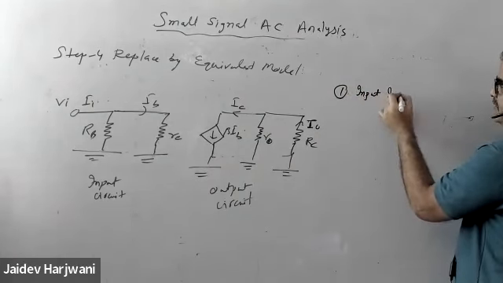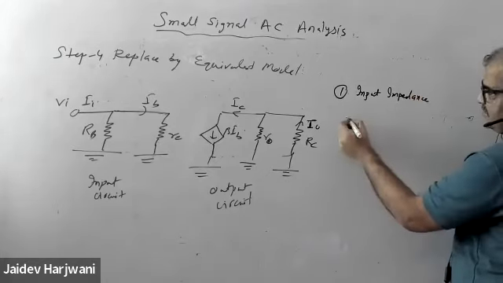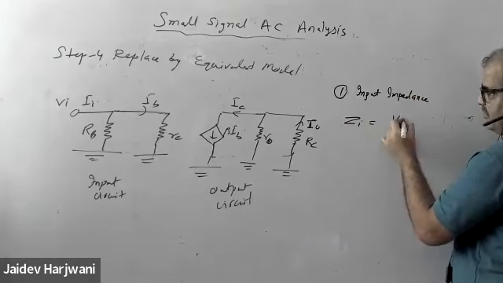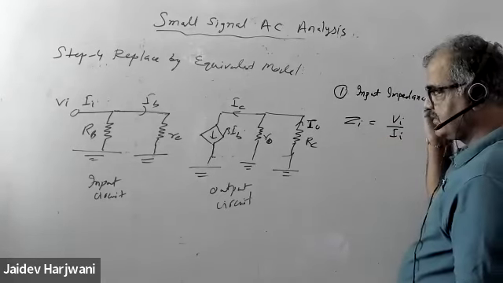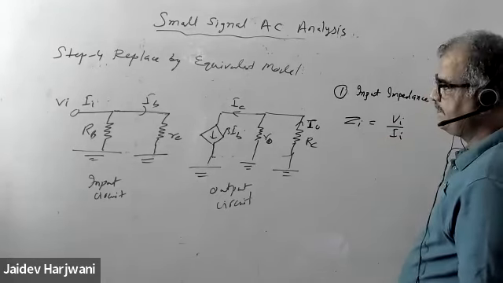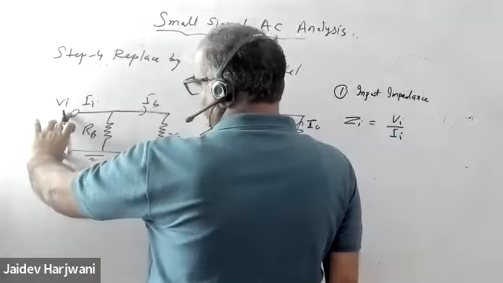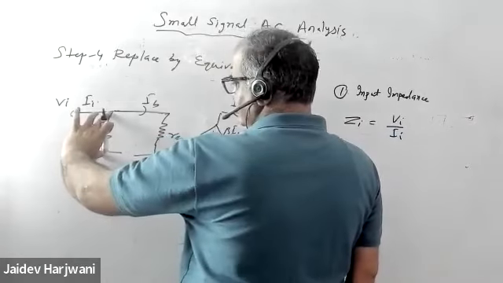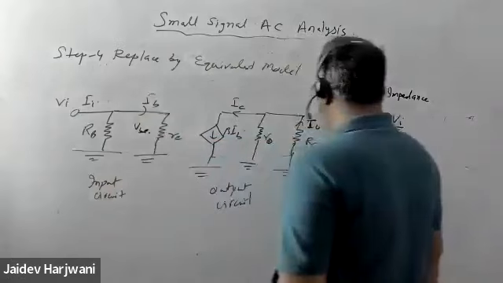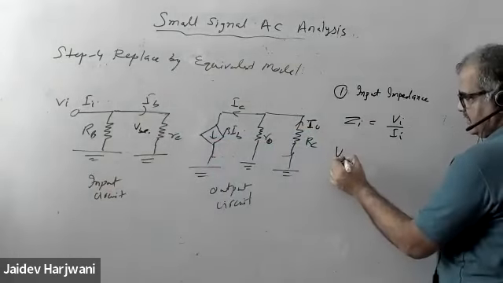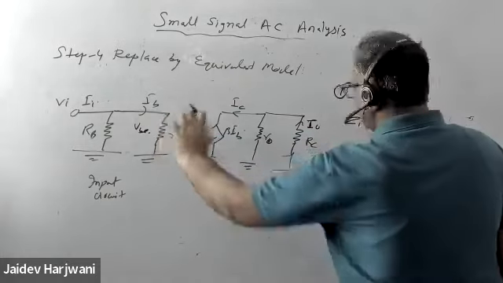Input impedance is nothing, ZI equals to VI upon II, isn't it? And VI is equals to what? VI equals to voltage here, and here voltage was VB. So VI is equal to VB, and VB is equal to IBRE.